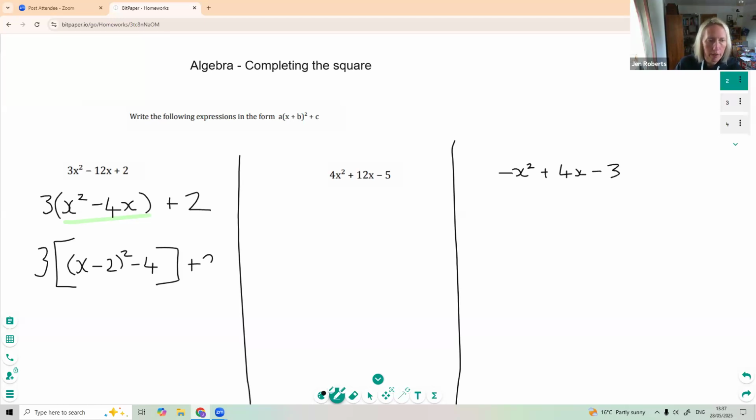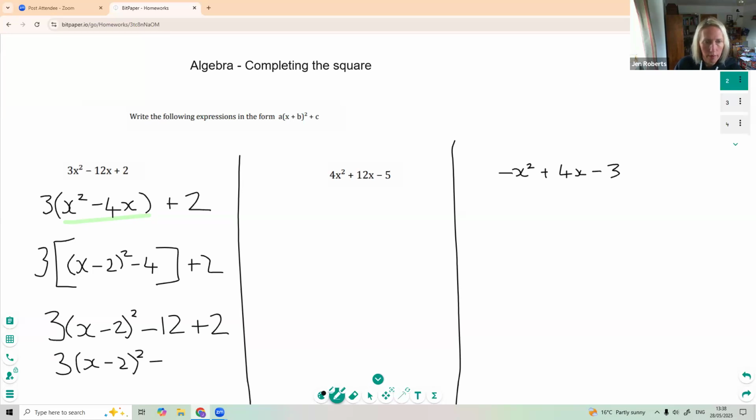I'm going to multiply everything inside the square brackets by 3. This 2 is not in the bracket. I'm going to add it on the outside, then simplify. Minus 12 plus 2 is negative 10.